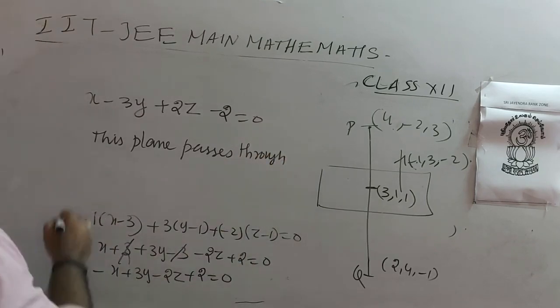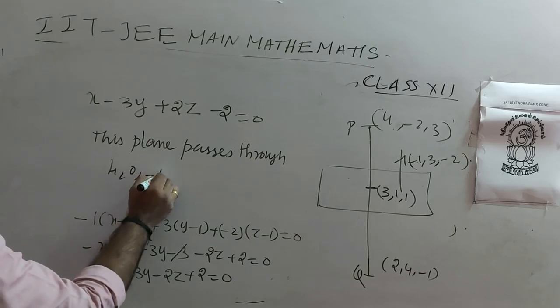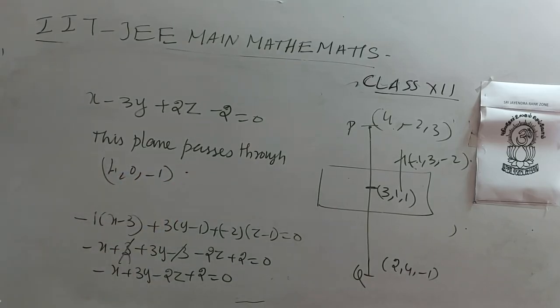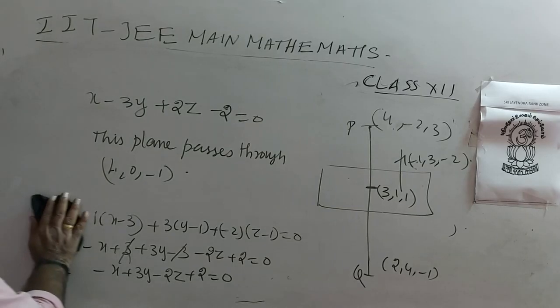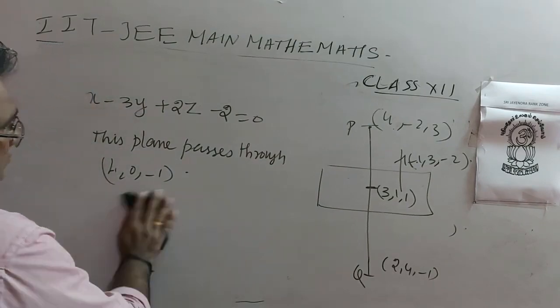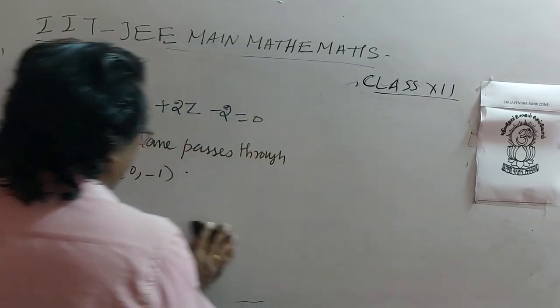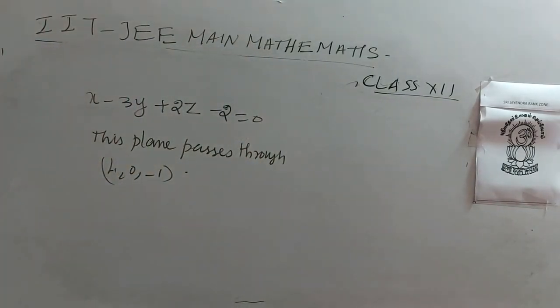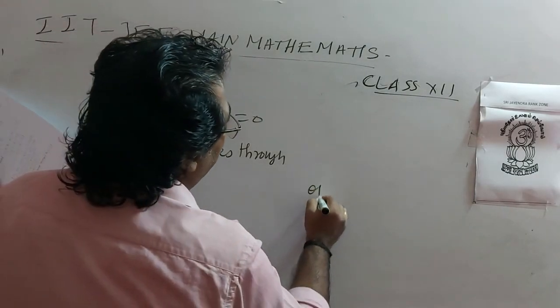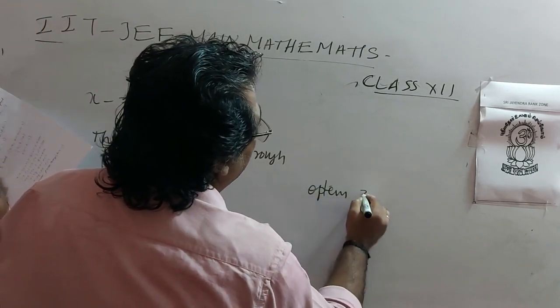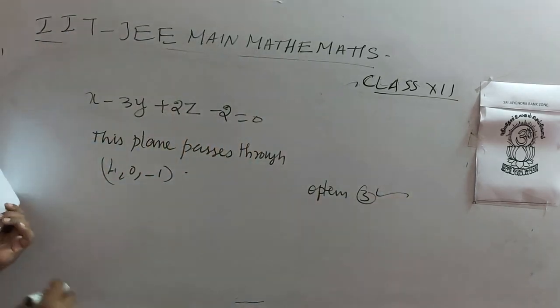This plane passes through 4, 0, minus 1. So option 3 is correct.